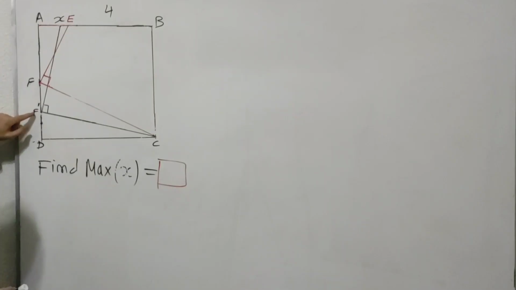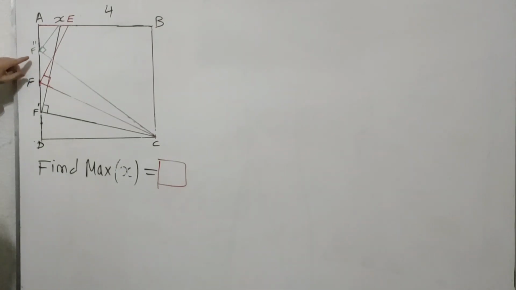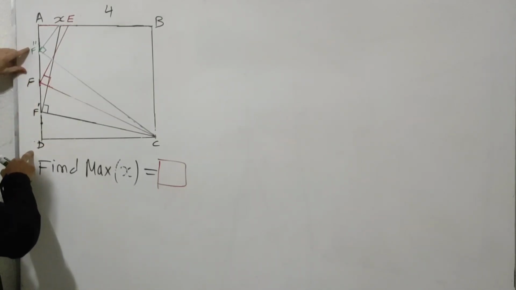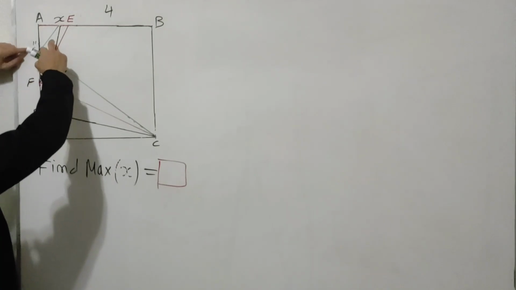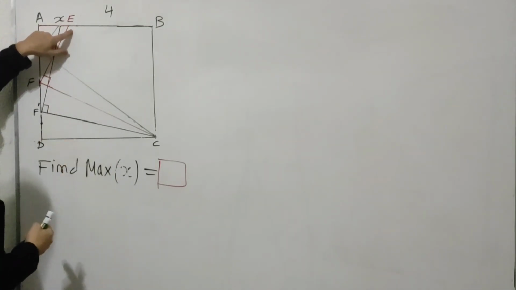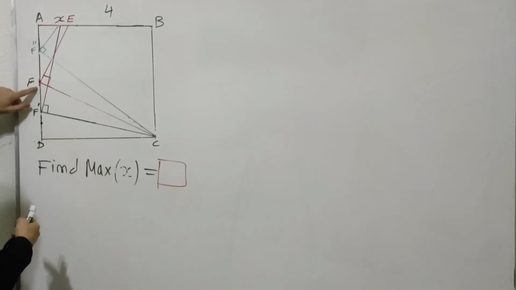This time I'm going to move F prime in the interval from A to F by increasing the distance DF, to see what it gives us. Look what happened this time. Even though I'm increasing this distance by taking DF prime as a big distance, we don't get to the original distance which we had when F was in the middle.